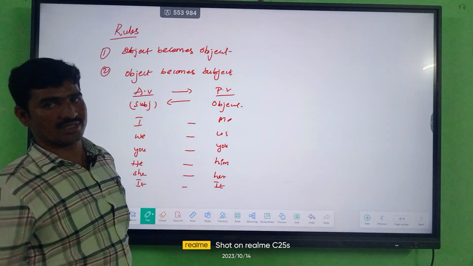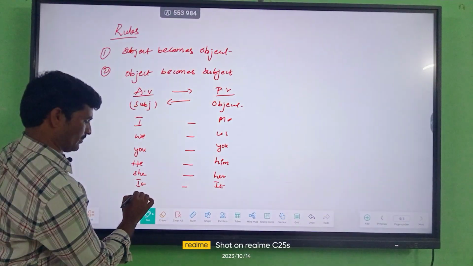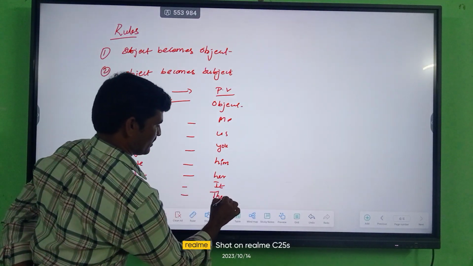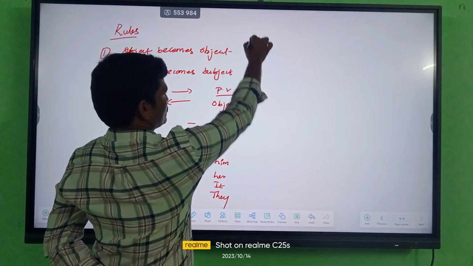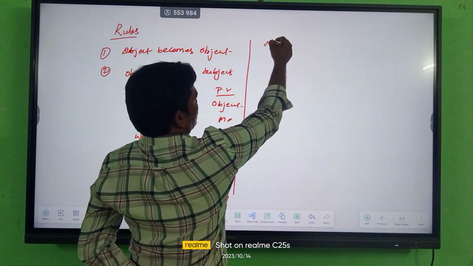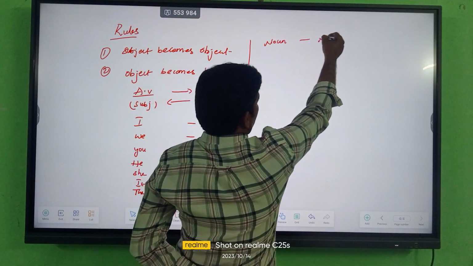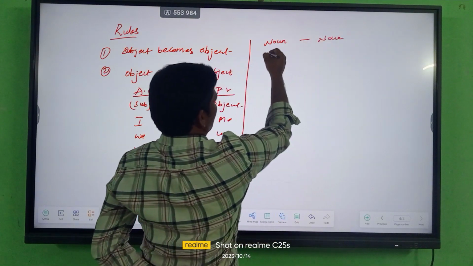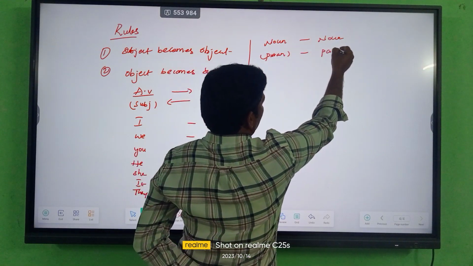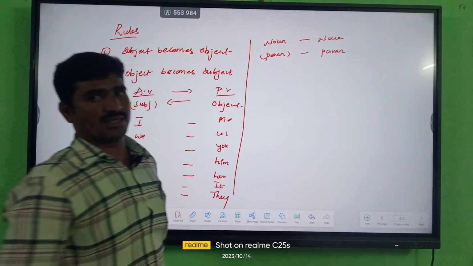The plural pronoun they becomes them. Another one is noun. A noun becomes the same noun in the passive voice. For example, Pawan becomes Pawan.